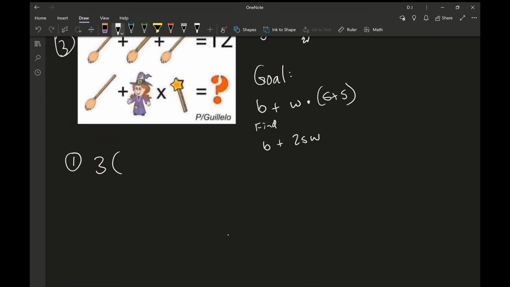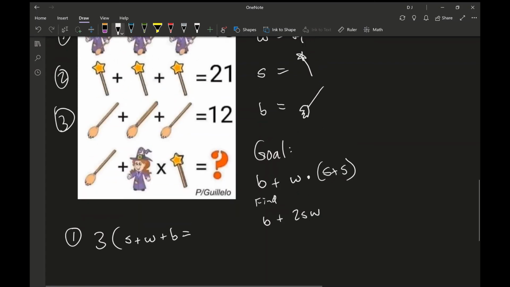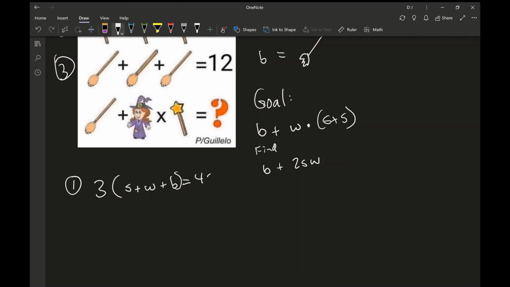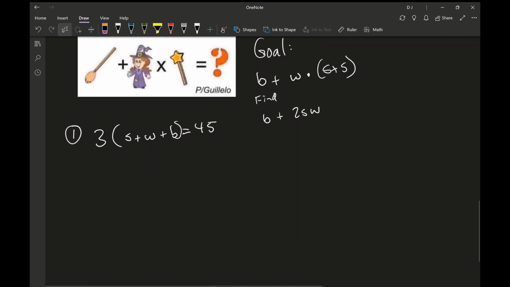So star plus which person plus broom, and that's going to have to equal a 45. 45 is equal to 3 times 15. So then we know that star plus which person plus broom has to equal 15.